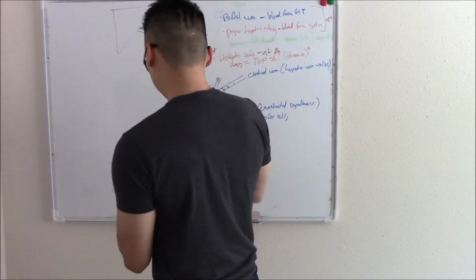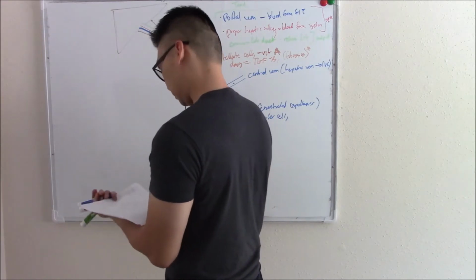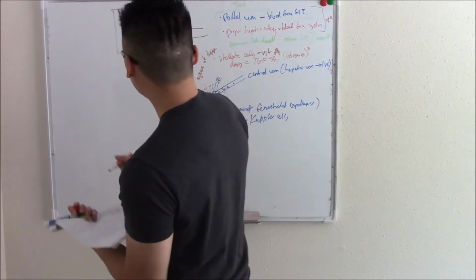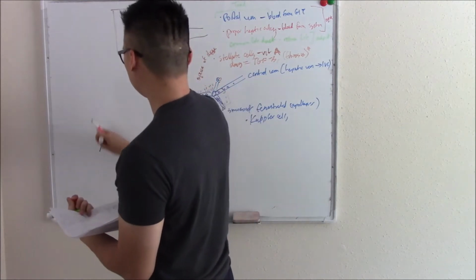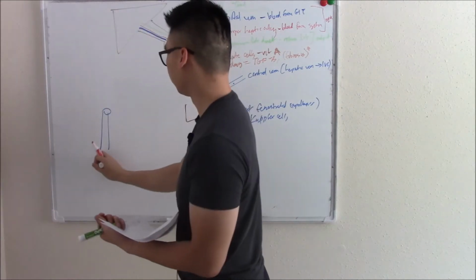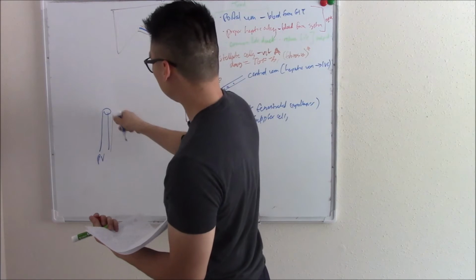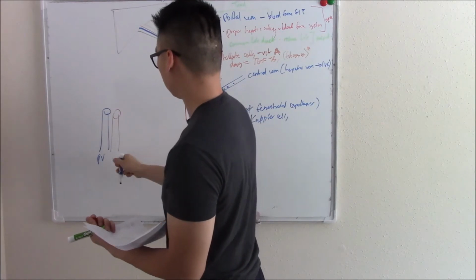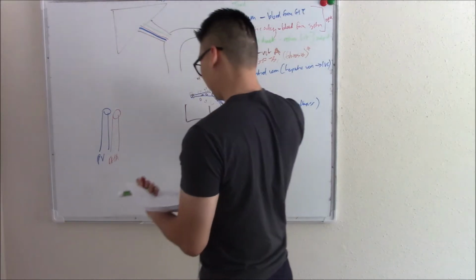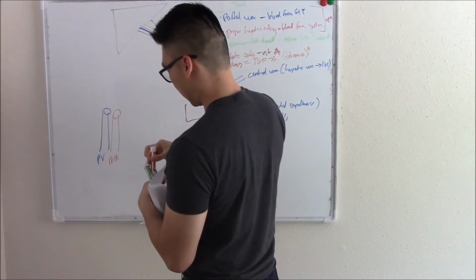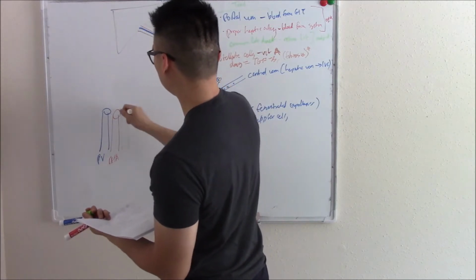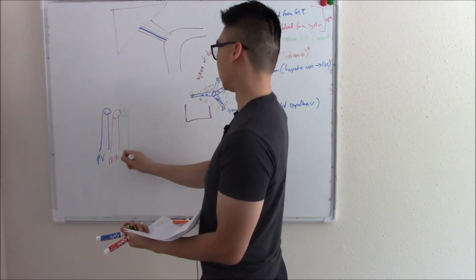We have our portal triad with our portal vein, our common or proper hepatic artery, and our bile duct.